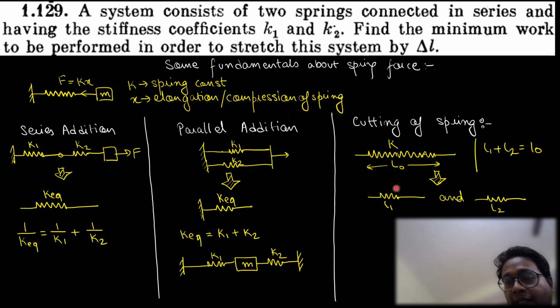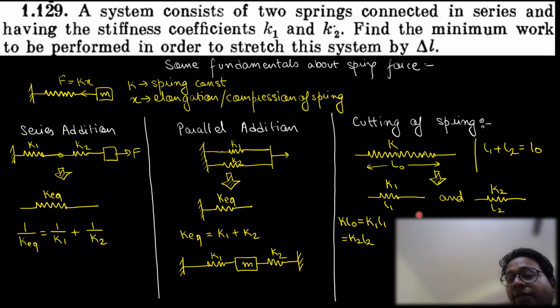The question would be asking what is the spring constant of the first spring and what is the spring constant of the second spring. The simple relation is K times the initial free length of the spring, KL0, is equal to K1, the spring constant of the new spring, times L1, which is equal to K2 times L2.